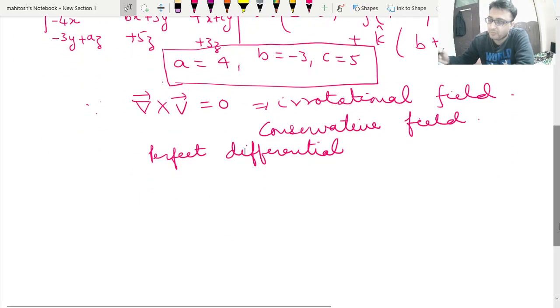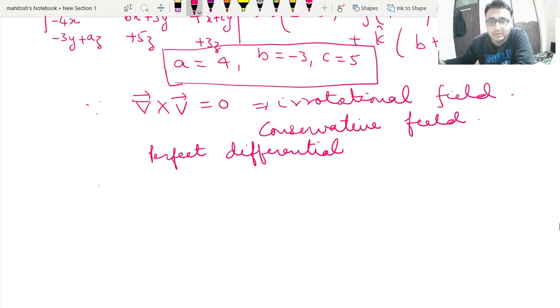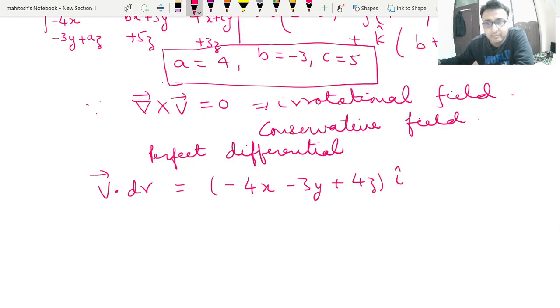So what we do, we can write V dot dr. Okay, that will be a perfect differential. That will be a perfect differential. What is the V? So we can write our answers as, we'll write this minus 4x minus 3y. a value is 4, so this is 4az i, plus b value is minus 3x plus 3y plus 5z j cap, plus what is the third part?